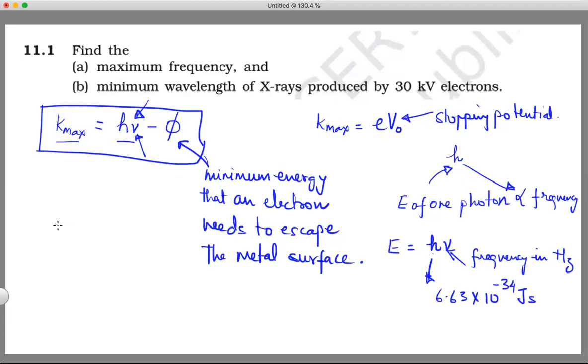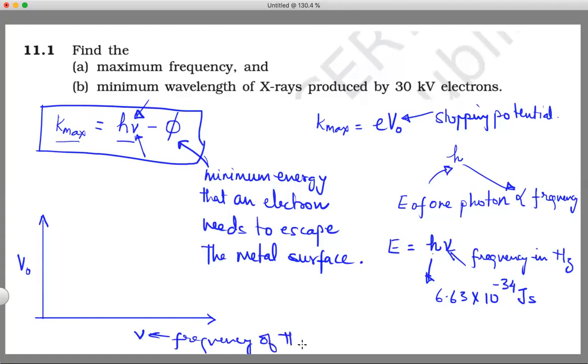So if we look at the V naught versus nu graph, nu is the frequency of the photon, and this is the stopping potential. This is the potential we have given in the reverse direction to stop the current.